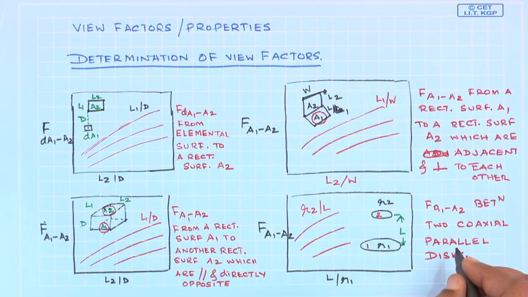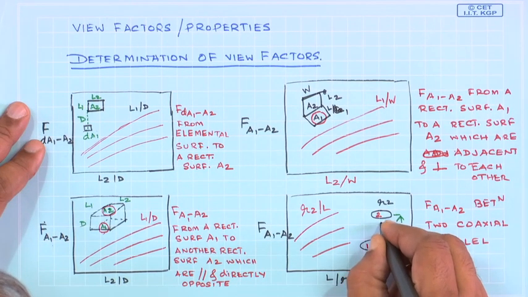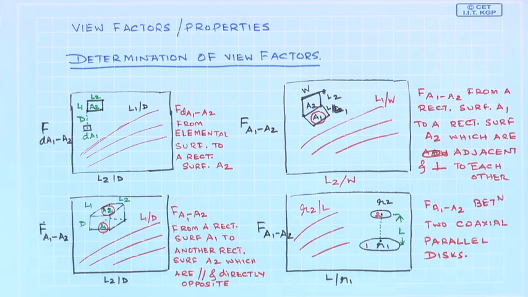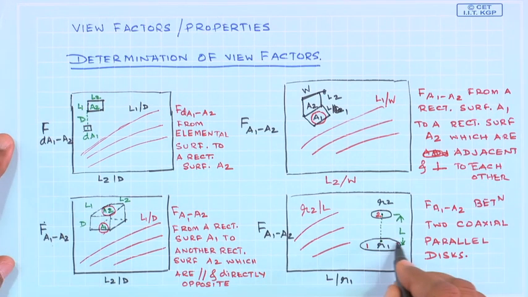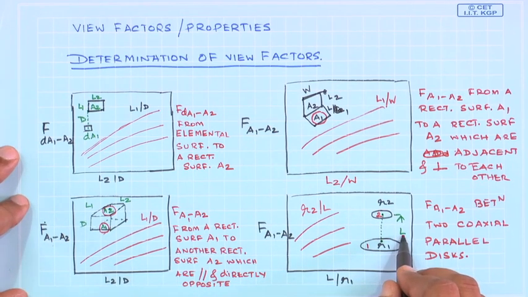So, the center of this disc and the center of this one are coaxial, and you should be able to find out the view factor of one with respect to the other, provided you know the values of R1, R2, that means the radius of disc 1, radius of disc 2, and the separation between the two.